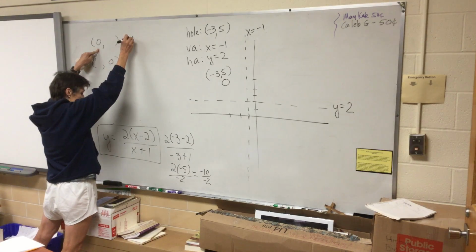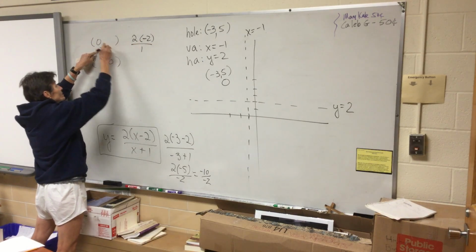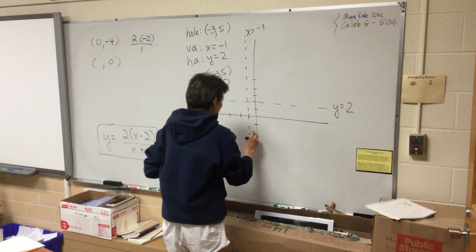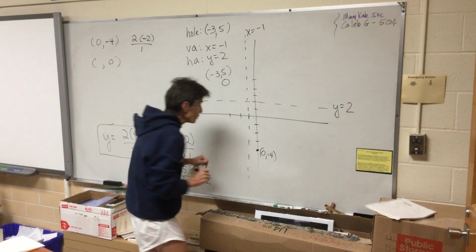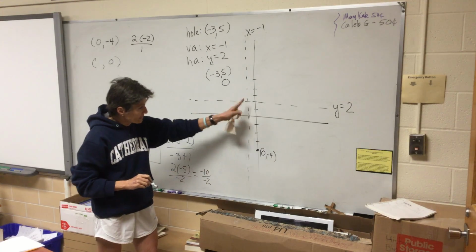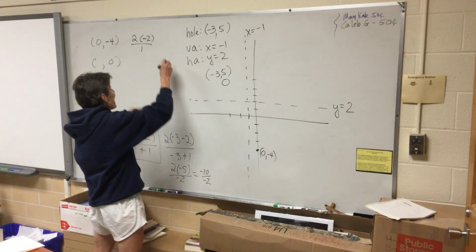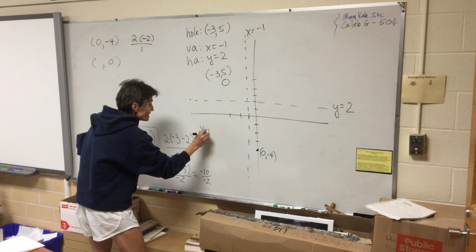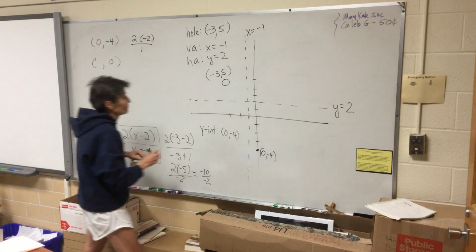So that's going to be 2 times negative 2 over 1. So that's negative 4. So I'm going to plot the point 0, negative 4. Now notice, where did I put that point? That point, 0, negative 4, is on the y-axis. So it is the y-intercept. So the y-intercept is 0, negative 4.